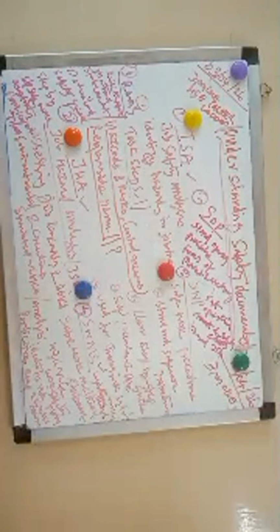The same thing, you have to find out the hazards, risks, control measures, and responsible person. These all must be there in the JSA, job safety analysis. So every safety officer or professional must know what JSA is and how to conduct the job safety analysis.